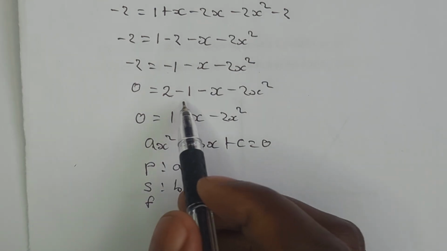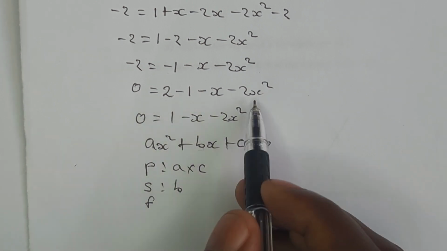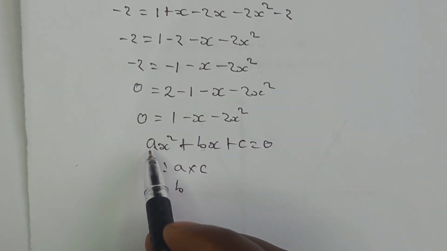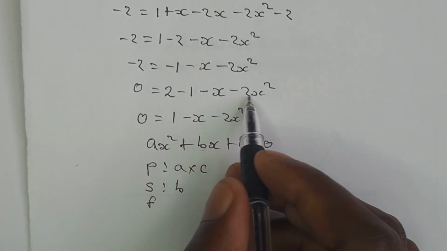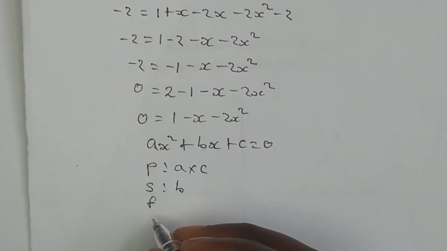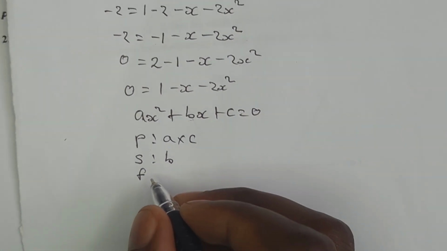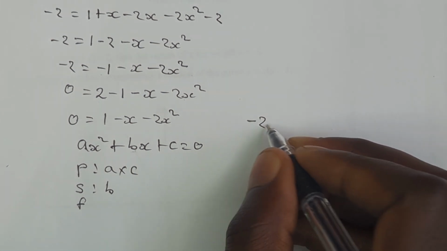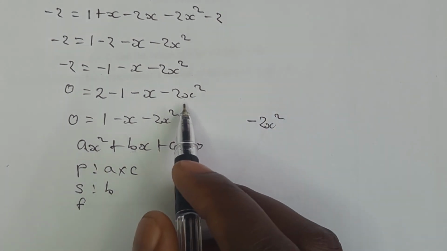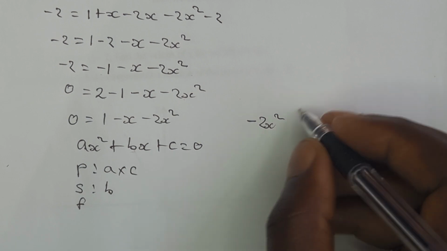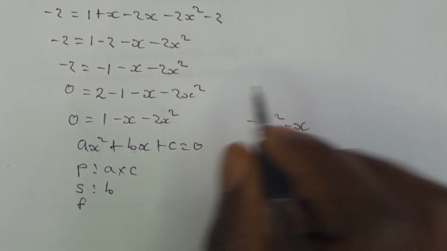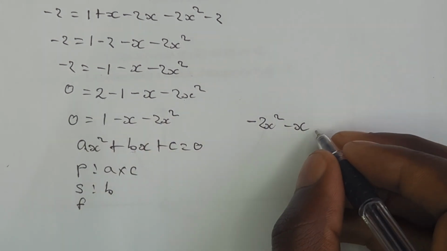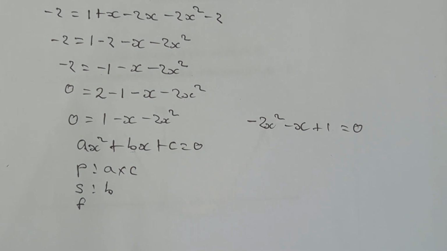So if we check our equation, we can arrange it in this format by starting with negative 2x squared minus x plus 1 is equal to 0.